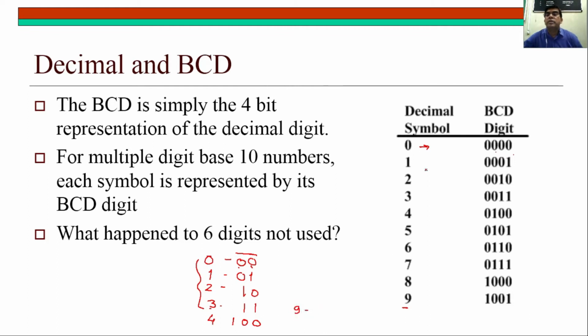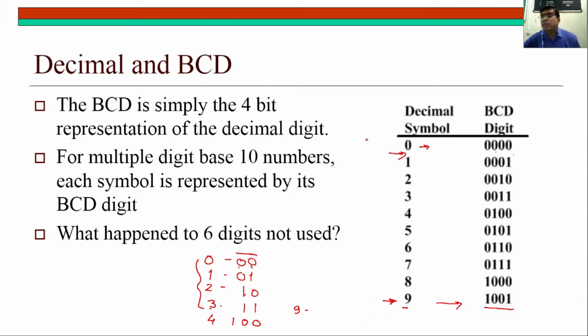So here there is a chart. 9 means 1 0 0 1. So these are 4 bits, right? Means up to 9 I require 4 bits. Using 4 bits I can represent the numbers from 0 to 9. This is 0 and this is 9.